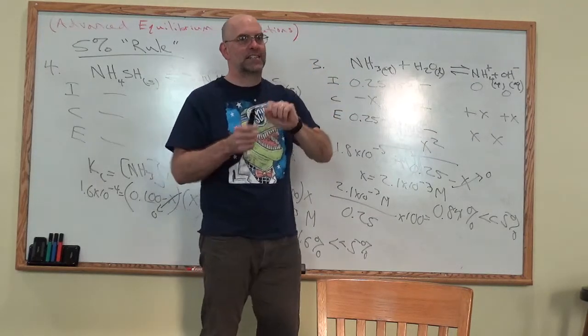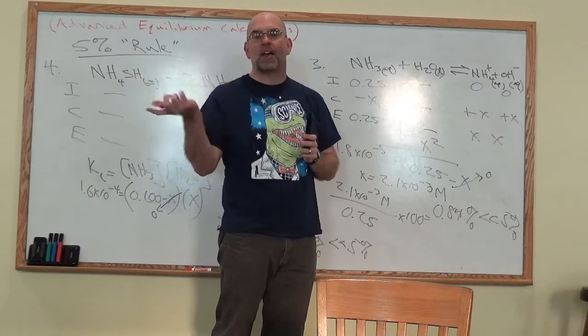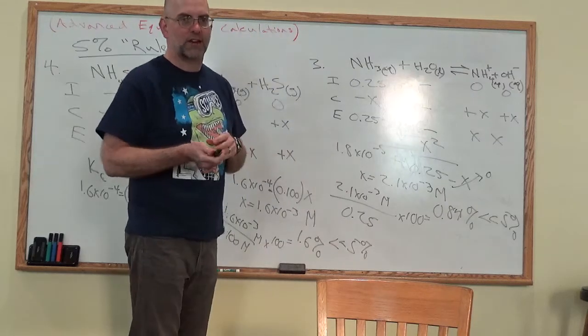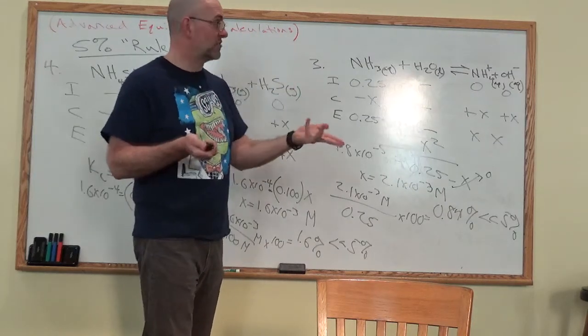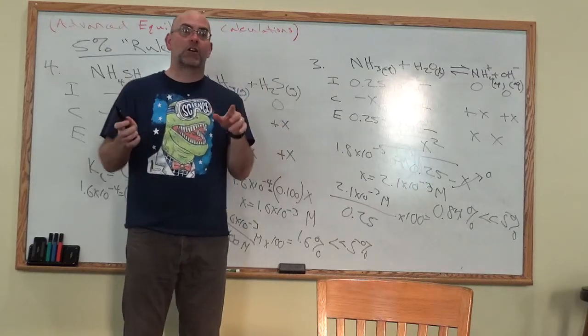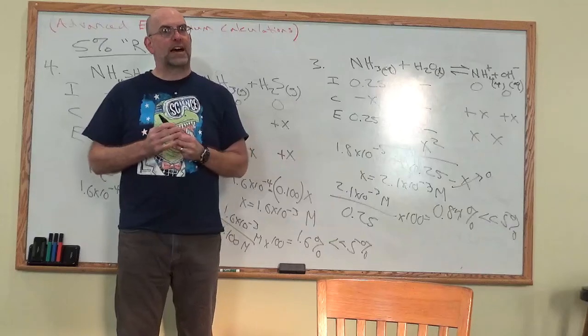That may not make any sense, but I'm going to show you a couple examples. There's one in your homework, and that may also be something that we have to set up office hours for later in this particular week, which is fine. Okay, so that's the 5% rule. The last video is called Pushing Equilibria, and we'll get to that one a little later.